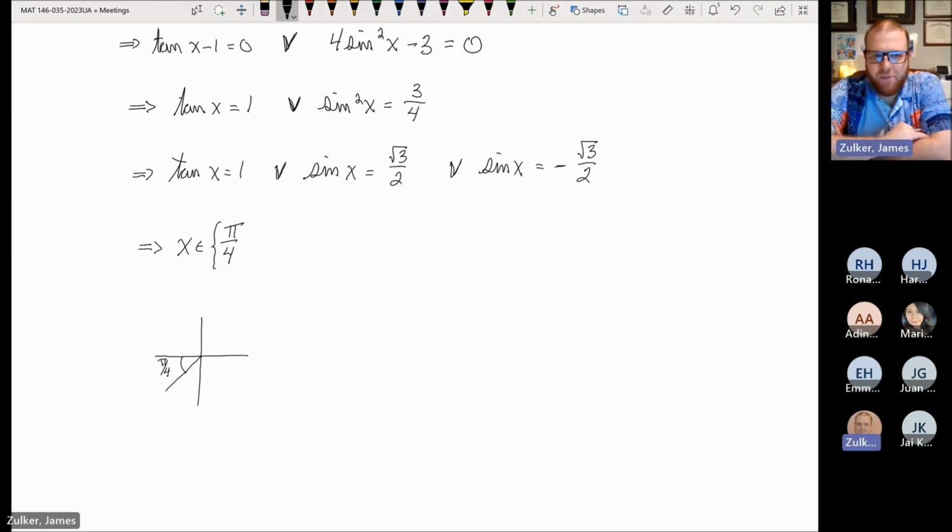So that angle has to be pi/4. So then that would be 5 pi/4, wouldn't it?